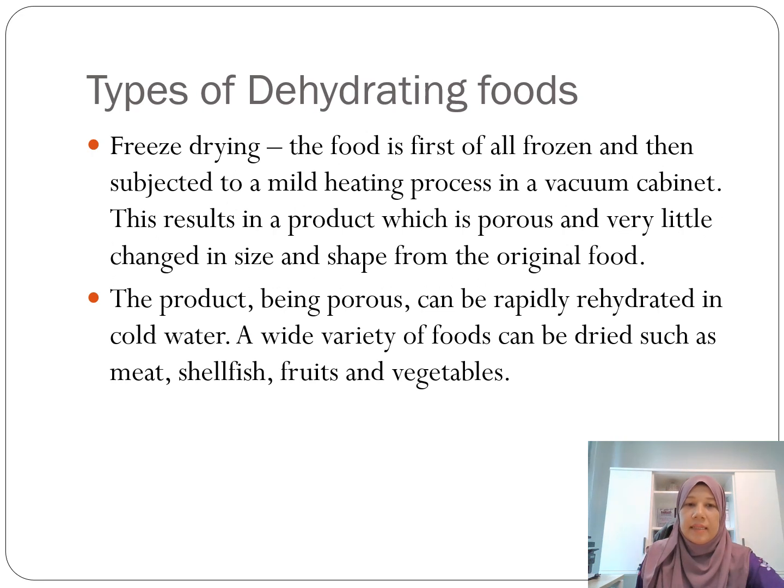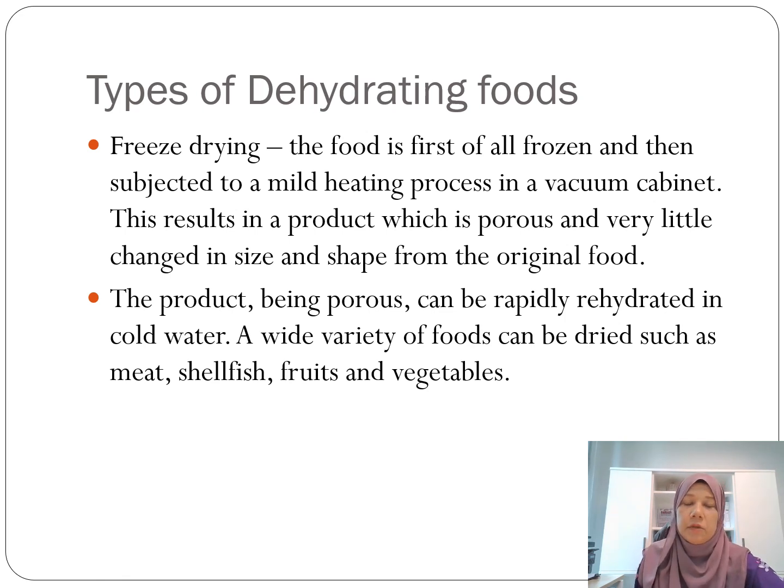Next, freeze drying. The food is first frozen, and after that they apply heat in a vacuum cabinet. Then the product is normally porous and can be rapidly rehydrated in cold water.